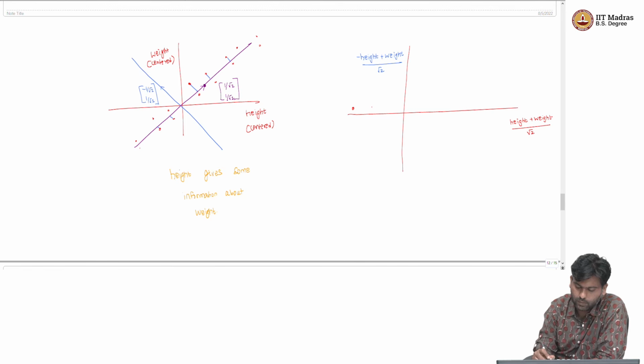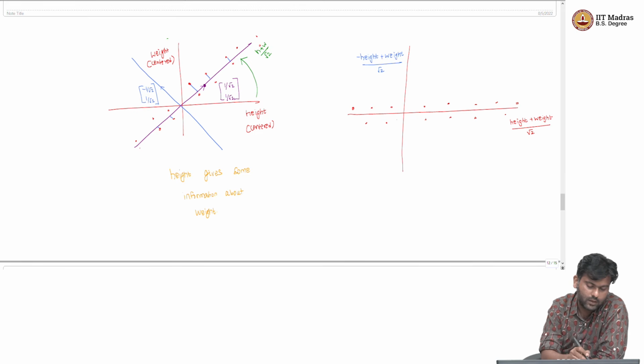The data set would look something like this, right. Basically what has happened is, you can think of it as if this height axis got transformed, rotated, in this case by 45 degrees to get this height plus weight by square root 2 axis. Of course, there is a scaling happening, which I am not indicating here, but I think you can imagine that, right.